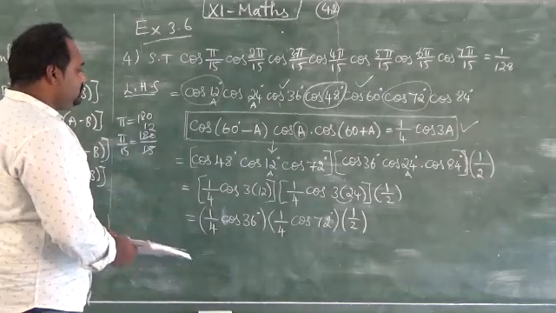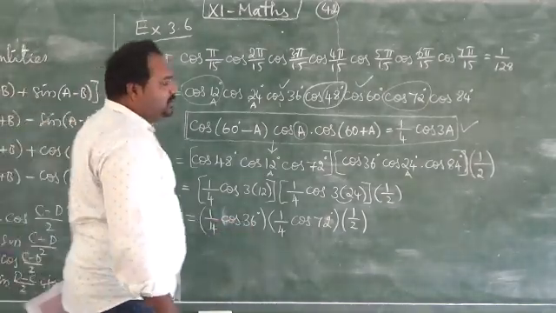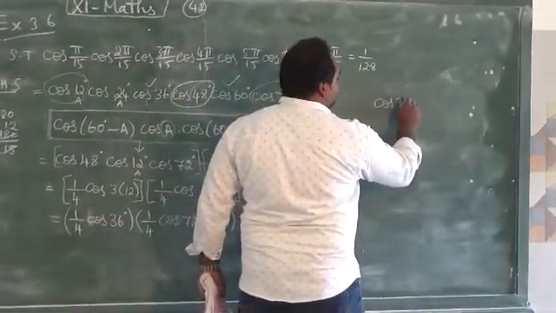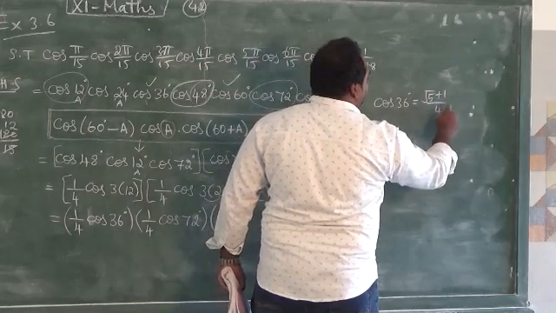Now here cos 36 value, I told you already, cos 36 value is root 5 plus 1 by 4.